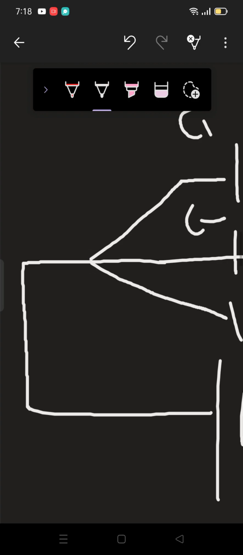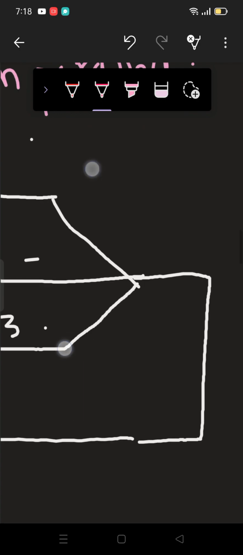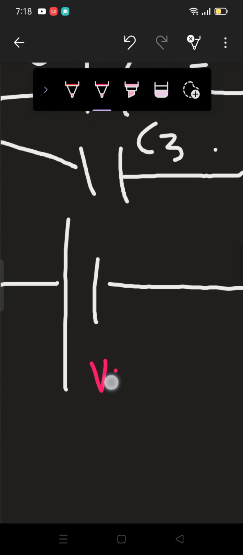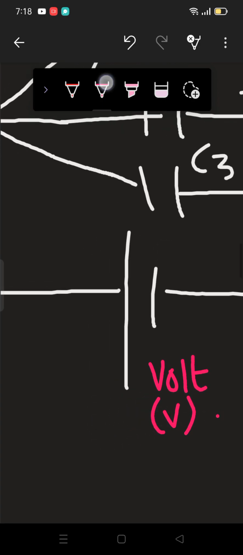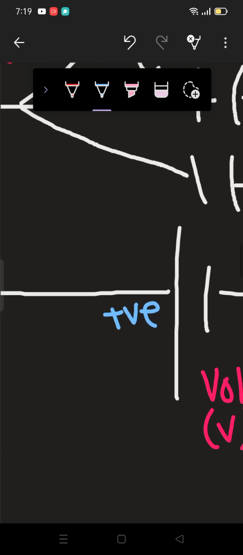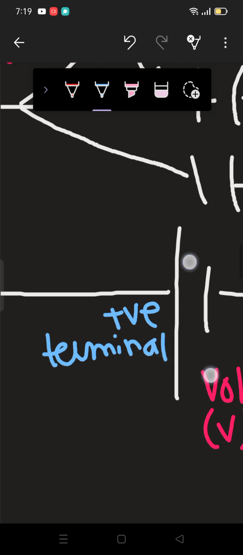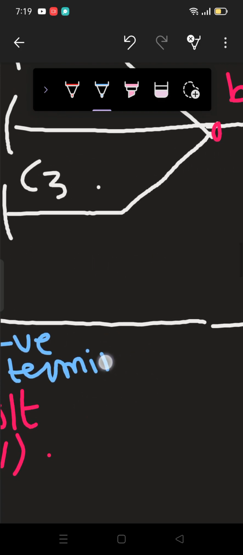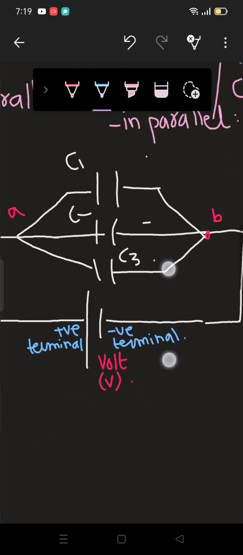Here basically we have a point called A. Here we have a point called B, right? And here we have provided a potential difference of V volt. This is the positive terminal of the battery. This is the negative terminal of the battery, right?